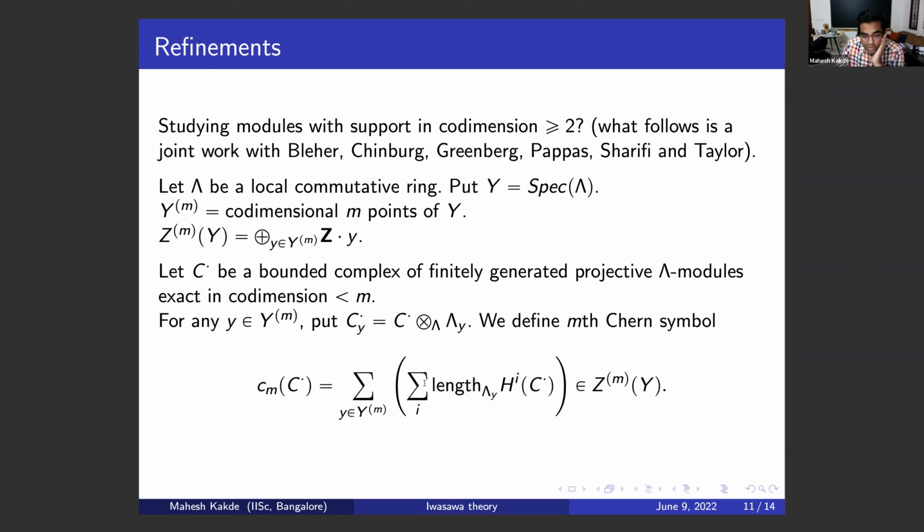There should be a (-1)^i here, there should be a y here, and there should be a y here, because I want it to be an element in this free abelian group generated by points in Y^m. So there should be a y here, a y here, and (-1)^i in the second sum. All right, so basically this m-th Chern symbol measures length at height m prime ideals.